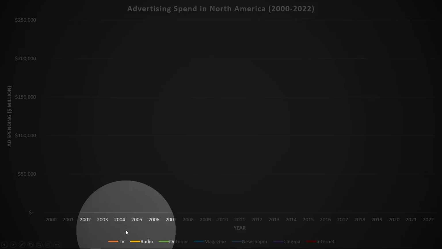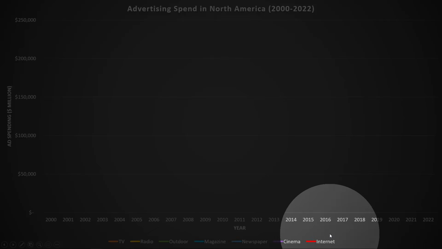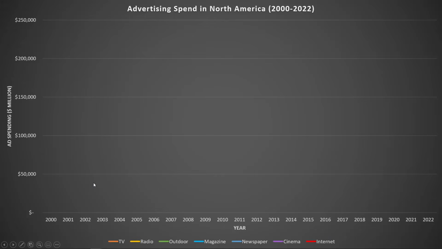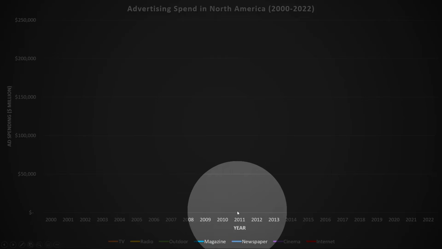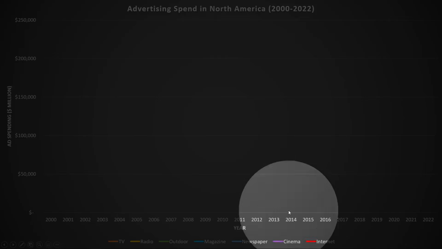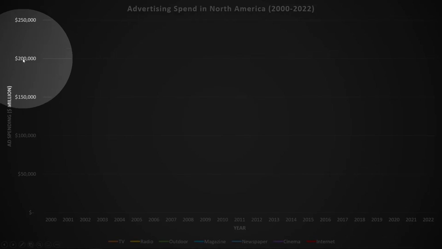We have TV, radio, outdoor, magazine, newspaper, cinema, and internet. The horizontal axis is the years from 2000 to 2022. The vertical axis is ad spending, the amount of money spent on advertising in $1 million. So at the top here, 250,000 million is basically $250 billion.